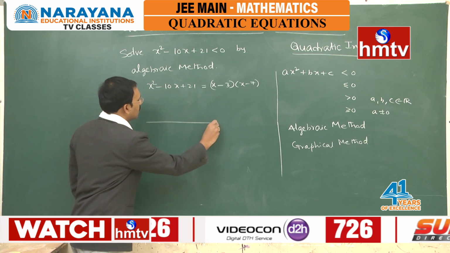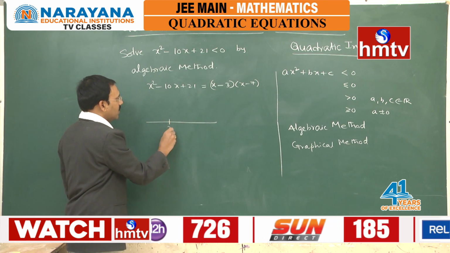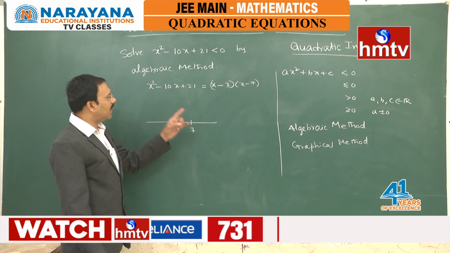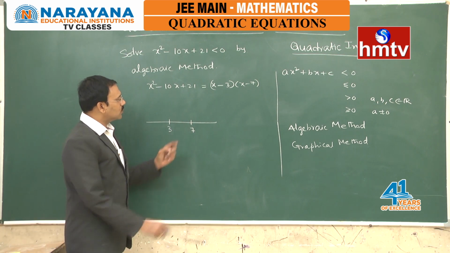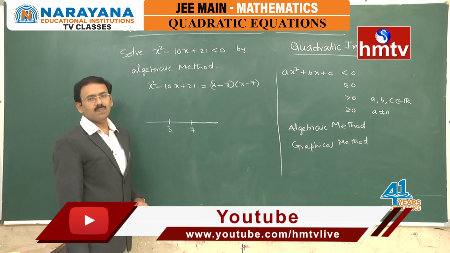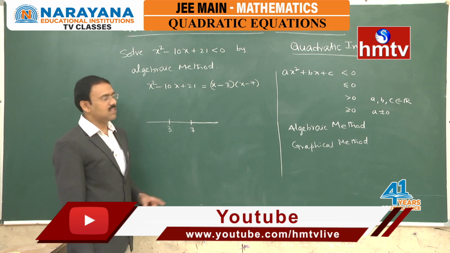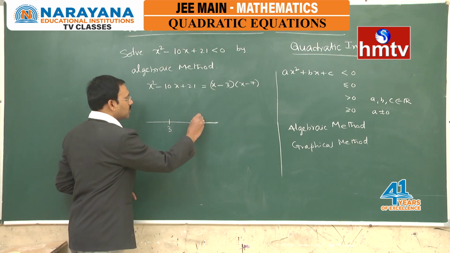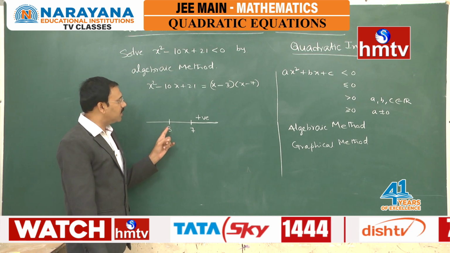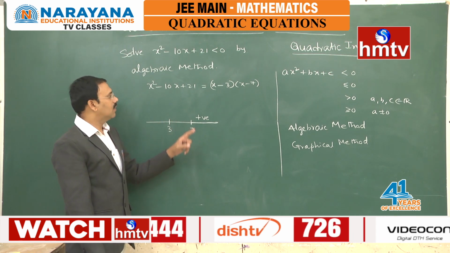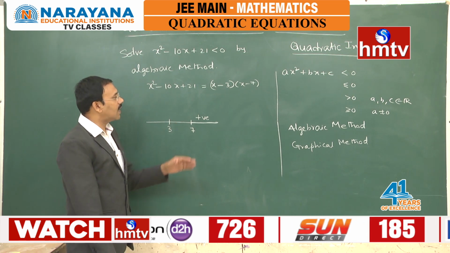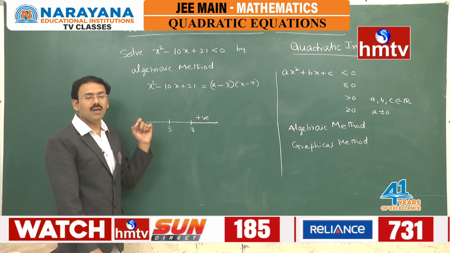Now, one can observe that there are two numbers of which smaller is 3, greater is 7. Now, by observation, if you choose x values more than 7, x − 3 is positive, x − 7 is positive, product of two positive numbers is going to be positive. If you choose x values between 3 and 7, x − 3 will be positive, whereas x − 7 would be negative.